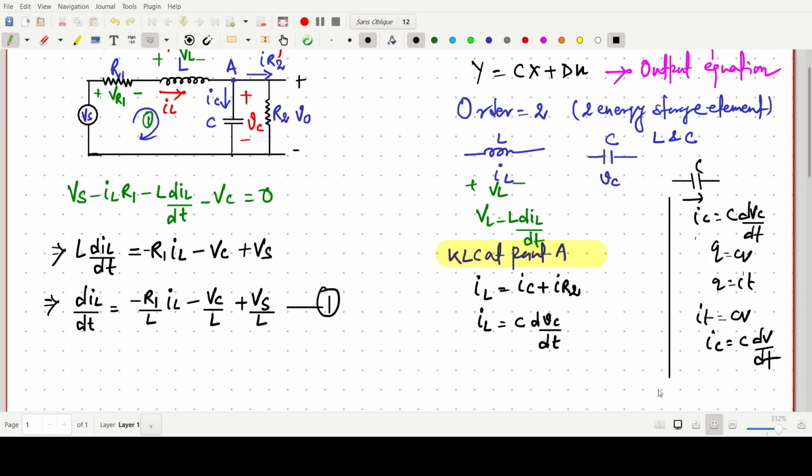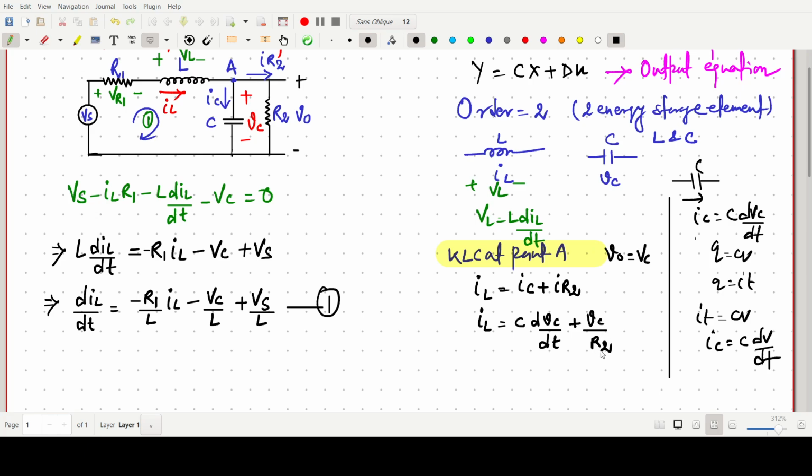This is just some basics. So IL equals C dVc by dt plus IR2. IR2 is nothing but VC by R2, because V0 and VC are the same. So we can write VC by R2, or V0 by R2, where V0 equals VC.